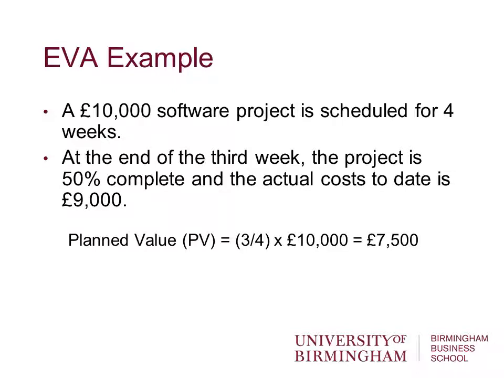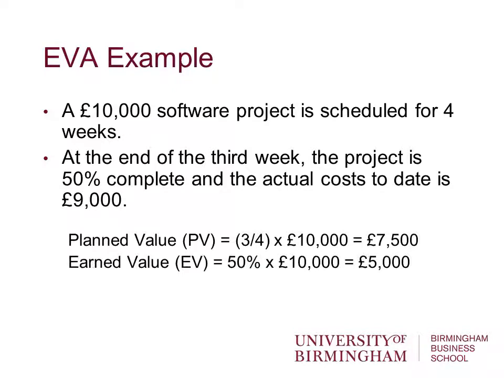So plan value is 3/4 multiplied by £10,000, 3/4 for 3 weeks out of 4, multiplied by the budgeted cost of the project, which is £7,500. Earned value: we've completed 50% of the project, and the project was budgeted to be £10,000, so we've earned £5,000 of value. The actual cost is £9,000, as we know.